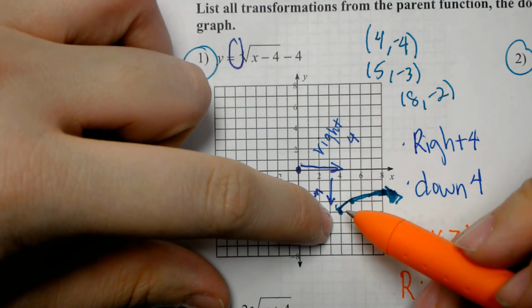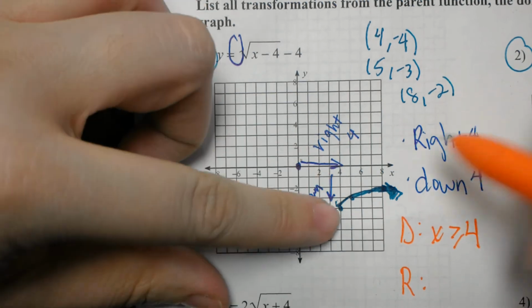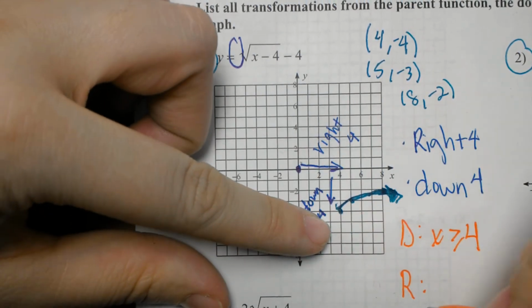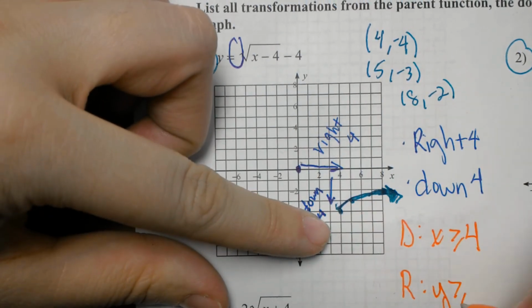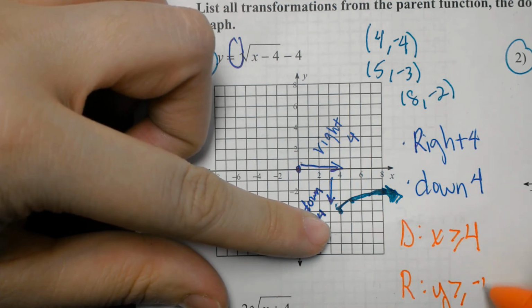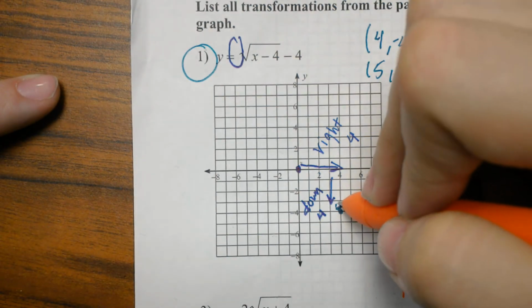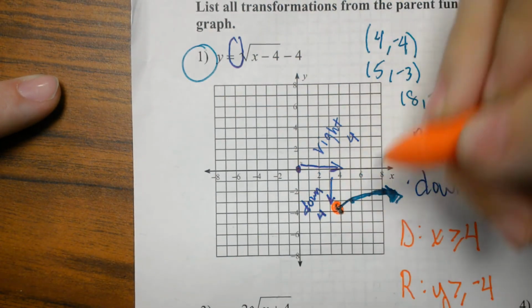Y started at -4, then it went up to -3, and -2, and so forth, and all the decimals in between. So y is greater than or equal to -4. So it all matters at the first point.